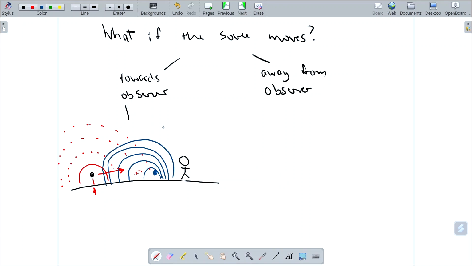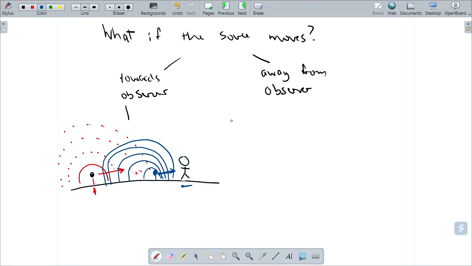Because these wave fronts keep moving, they are going to pile up in front of the object making the sound, and so to the stationary observer, this wavelength is going to be smaller. The wavelength that the observer hears will be a shorter wavelength.